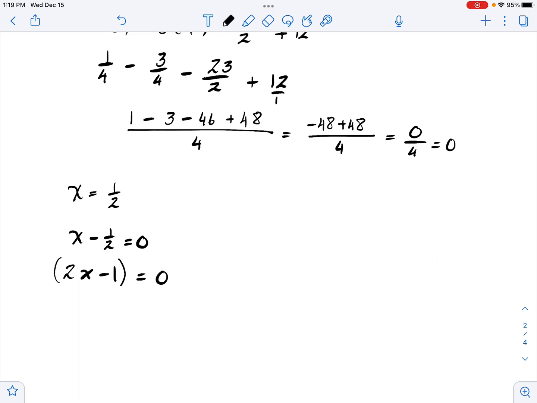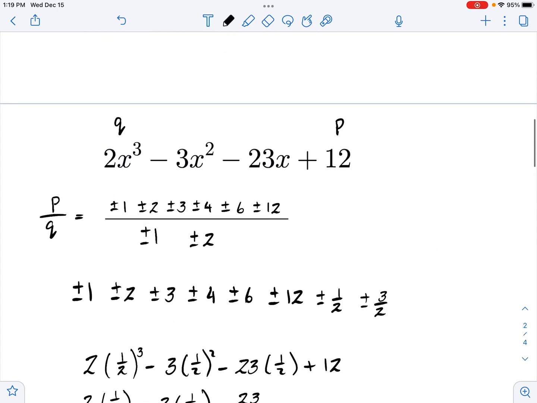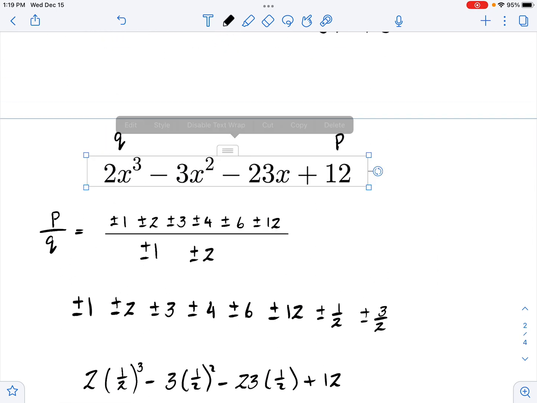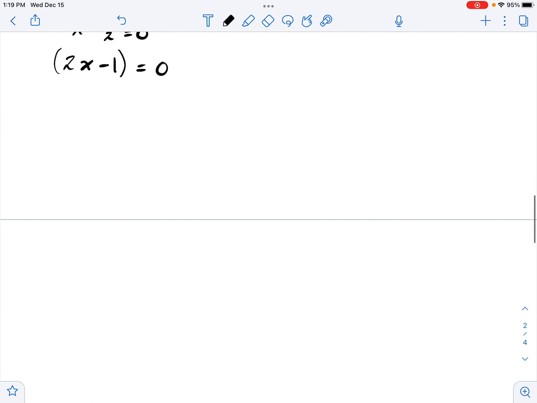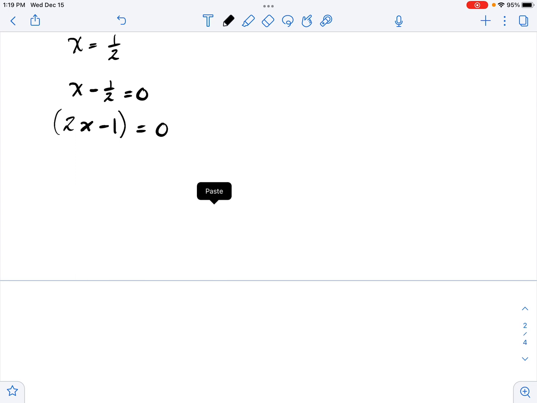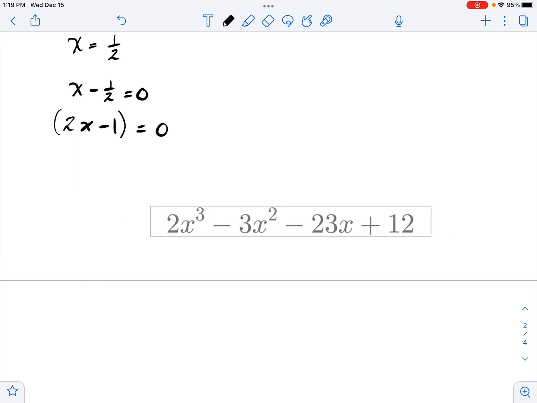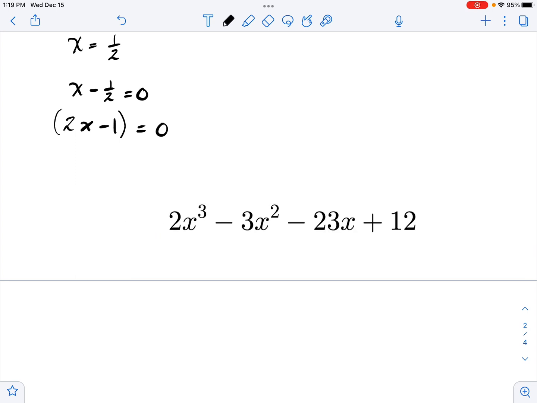So what I'm going to do is I'm going to take my cubic here, and I'm going to divide it into x minus 1 into it. So there's my cubic. And into that, I'm going to divide 2x minus 1.